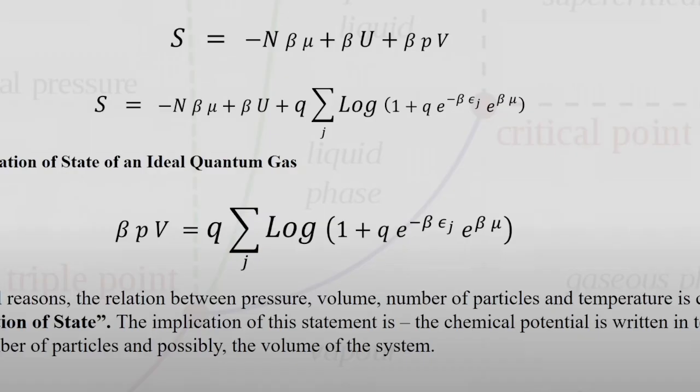S gets cancelled here. Sorry, this will be in a bracket, log of 1 plus q raised to power minus x z, and this is from 0 to, x is k power s. Yeah, so 0 to infinity.